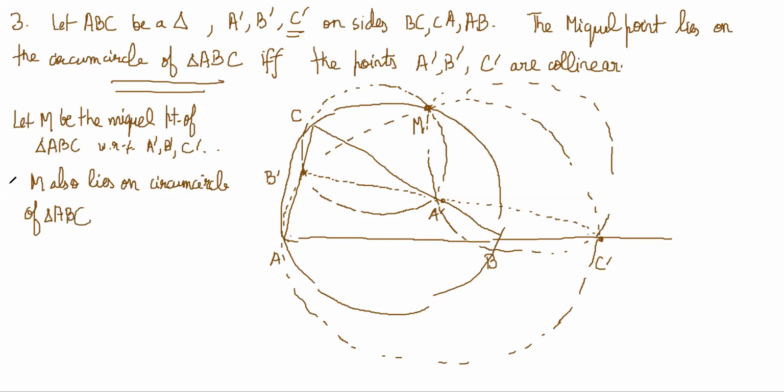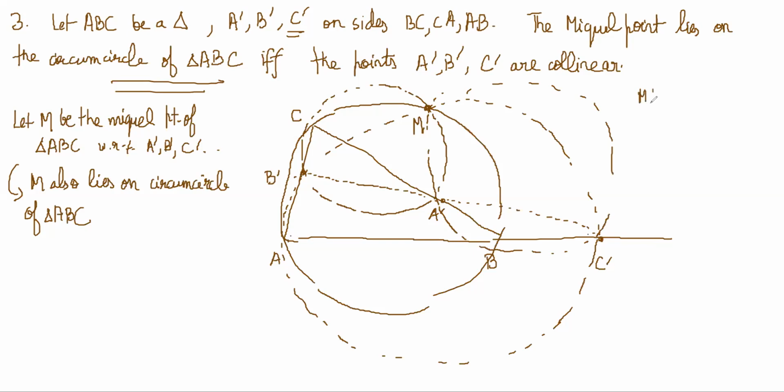You want to prove this from here. So what do we know about Miquel point? We know that Miquel point means that many cyclic quadrilaterals you get, no? First of all, M, A dash, B dash, C, that is cyclic, right?